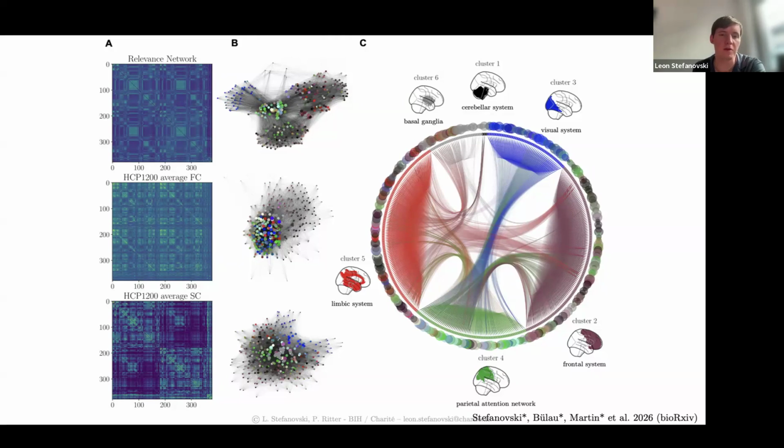Like, for example, we mapped the whole tree of MeSH terms, so a lot of different symptoms and so on, and we checked the similarity between all these maps and could create a novel modality of brain regions that are linked in relevance networks because they have somehow a similar function. And interestingly, these relevance networks can be partly explained by the structural connectivity, can also be partly explained by the functional connectivity, but also contain some information on their own.